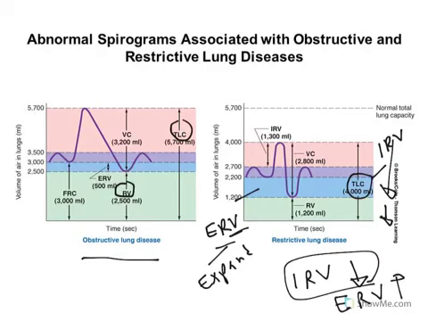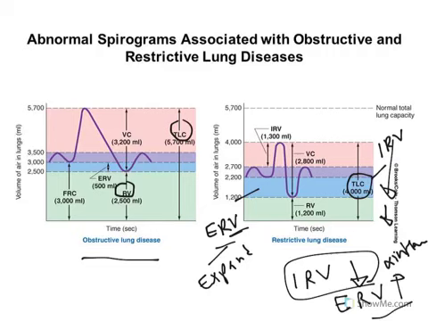IRV, if you remember, is during inhale. What happened? We need to expand the lung during inhale. We need to inflate the lung. The lung cannot inflate, so not enough oxygen can come in. We have a problem with expansion.